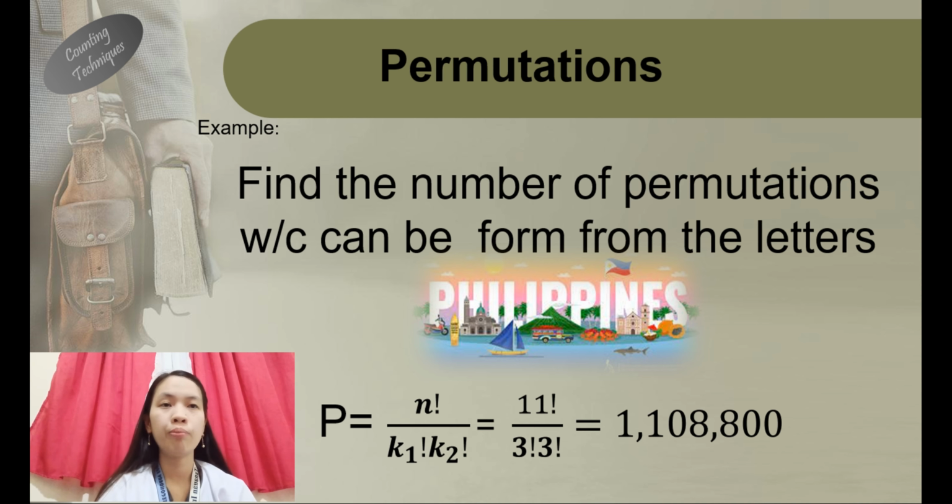So, the factorial of 11 is equal to 39,916,800 divided by 36. It is equivalent to 1,108,800.